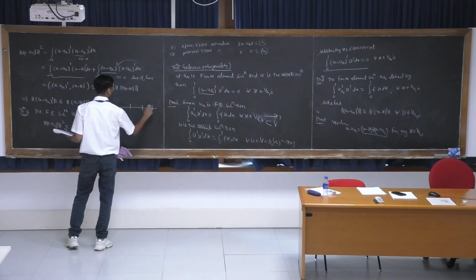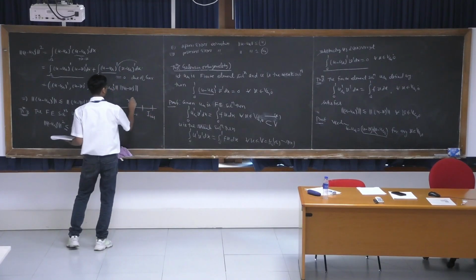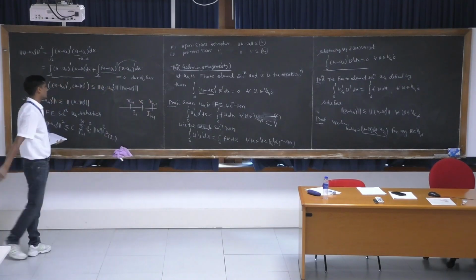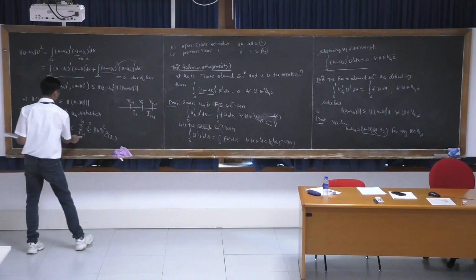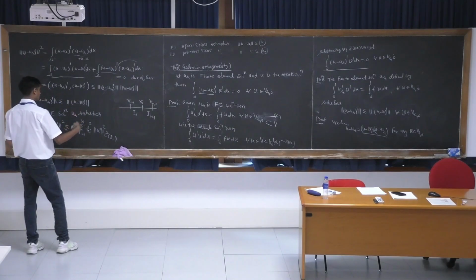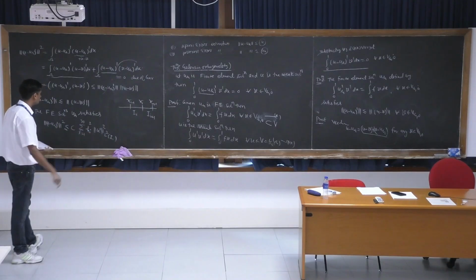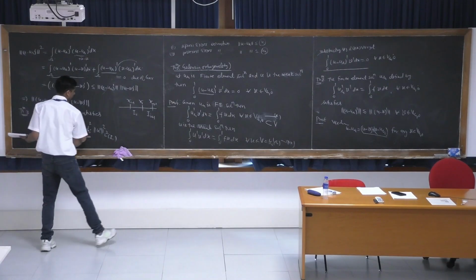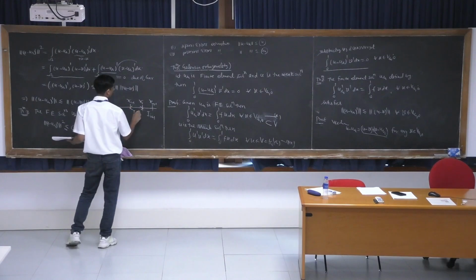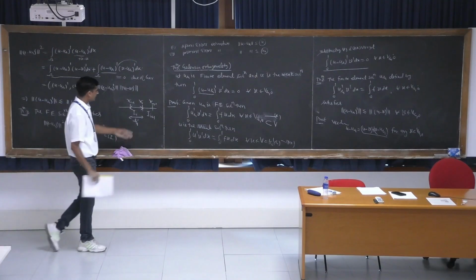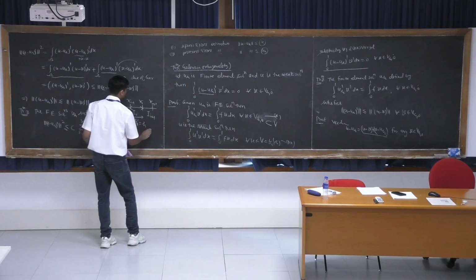Suppose this is the ith interval, this is x_{i-1}, this is x_i, and this is x_{i+1}. So this is over the ith interval. That's why the summation is taken here. If you check this summation, it can become an integral if you take n going to infinity. And h_i means the step length. Generally we choose h_i equal to h, a uniform step length.